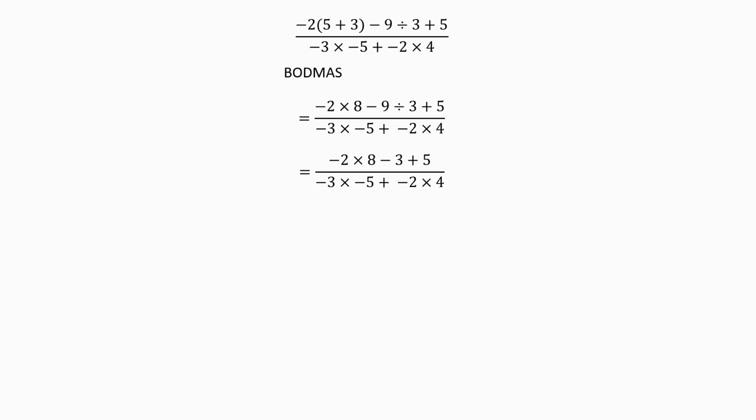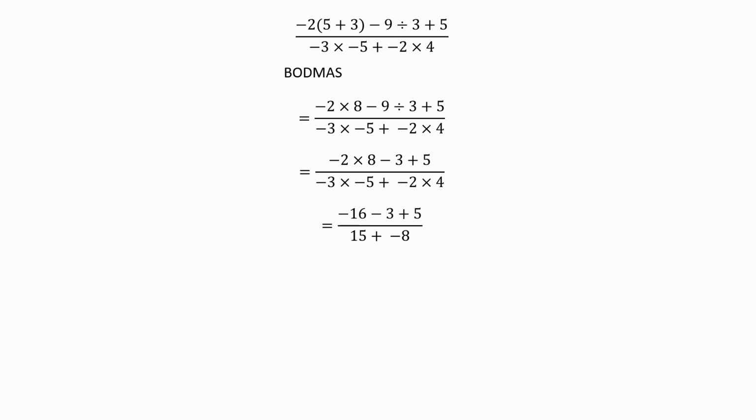It results into a positive number. So -3 times -5 will give us 15. And we have -2 times 4, that will give us -8. So our new expression becomes -16 minus 3 plus 5 divided by 15 plus -8.